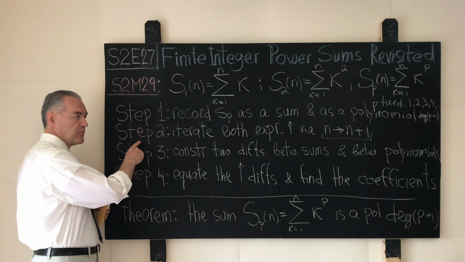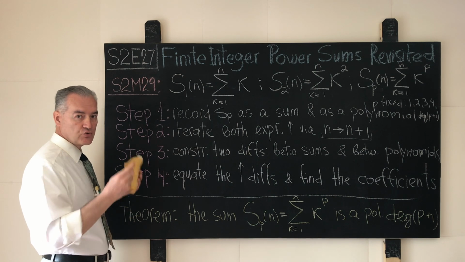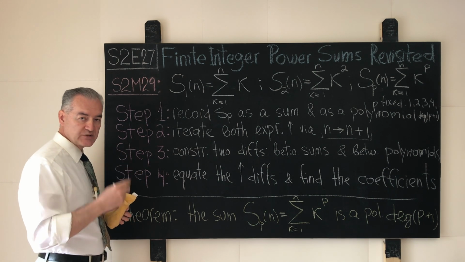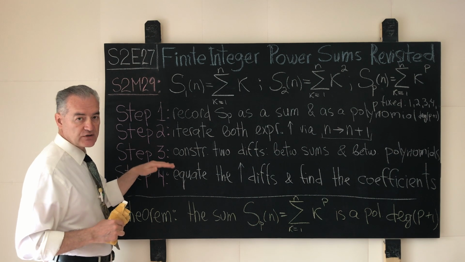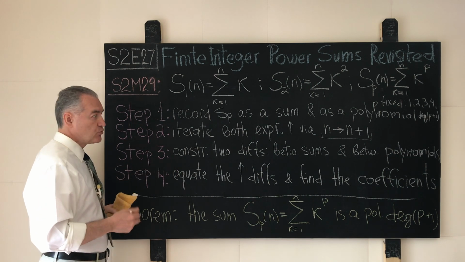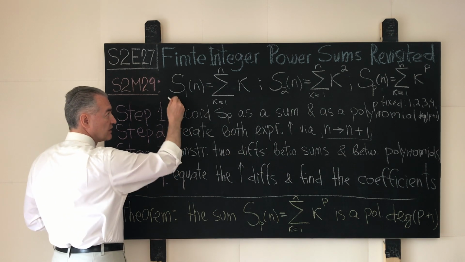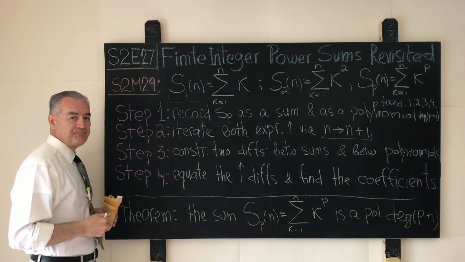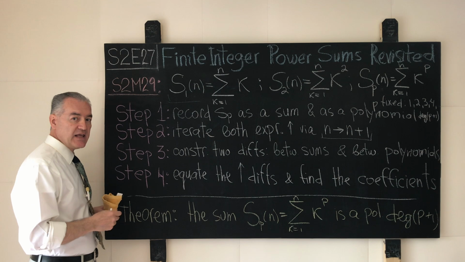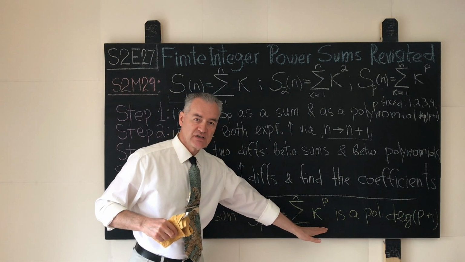In the second step, we will also obtain two expressions, and thus overall we will have four expressions to deal with. In step number three, we construct two differences: between the given finite integer power sums written down explicitly, and between the two corresponding expressions for the polynomials at hand.